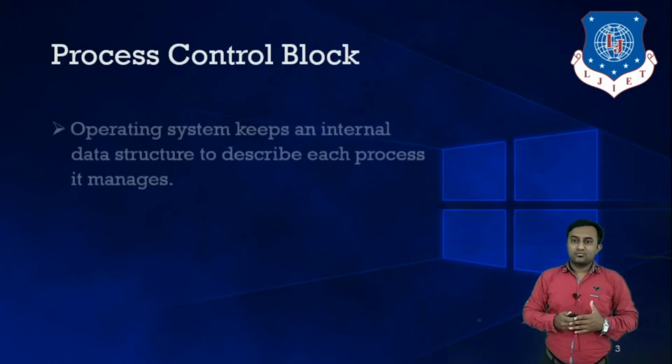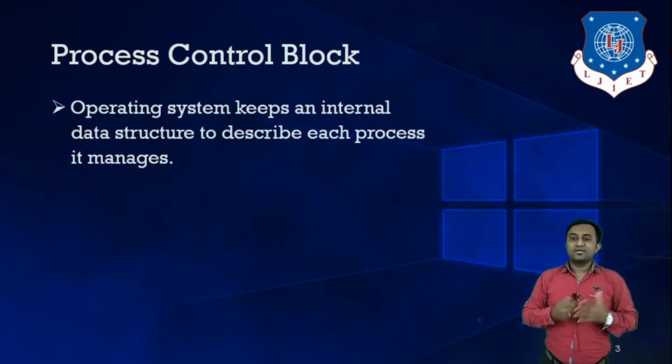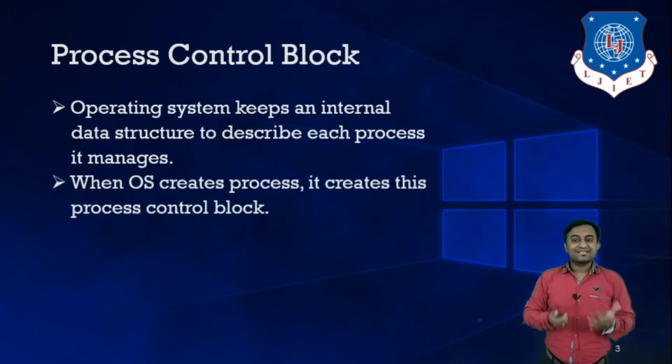As I told you, what is process control block? The operating system keeps an internal data structure to describe each process it manages. When the OS creates a process, it creates this process control block in main memory.